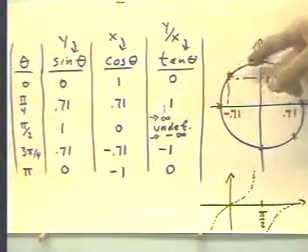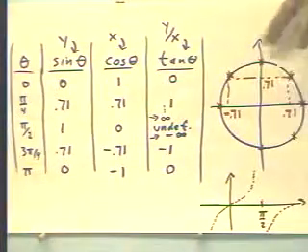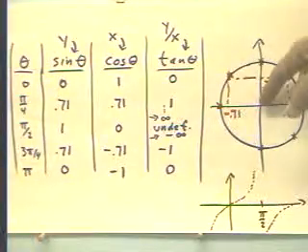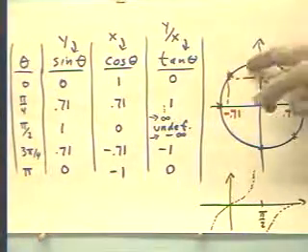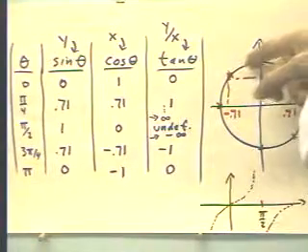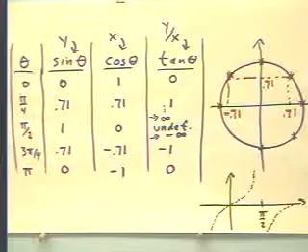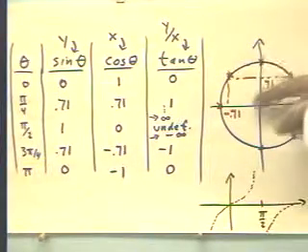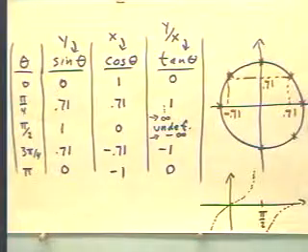Now we ask what happens on the other side here. What are the values of the tangent function when we go on the other side of the y-axis? Well, we see that the same thing happens. The x's keep shrinking down to 0 and y goes toward 1. But of course the x in this case is negative, so we're dividing a positive y by a negative x. We're going to get a negative result.